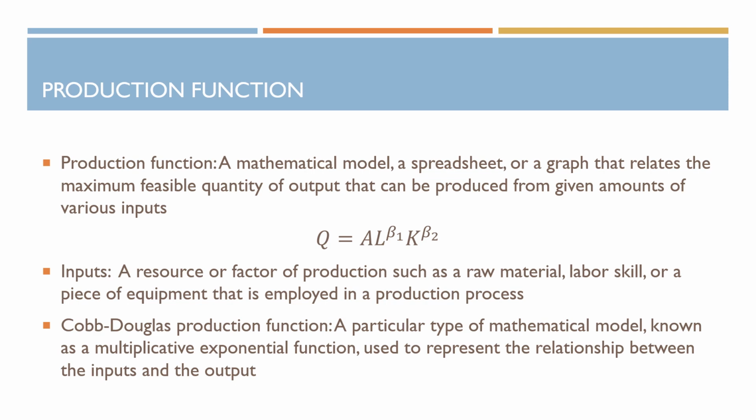And the A term in this case is referring to any technological factors or improvements over time. And Q, of course, refers to the quantity of output that a firm can actually get in return from those inputs of labor and capital.